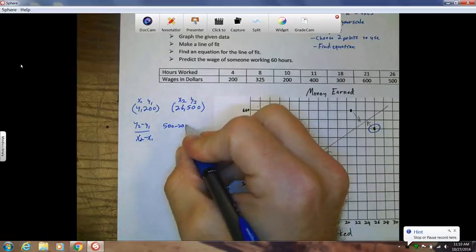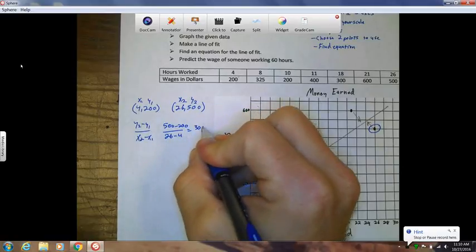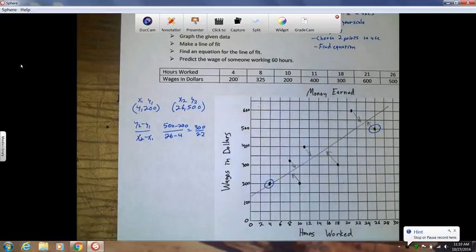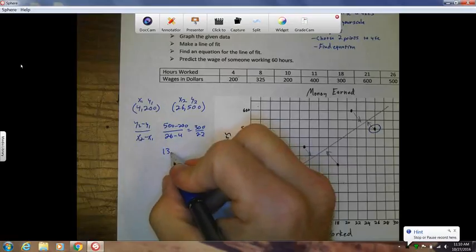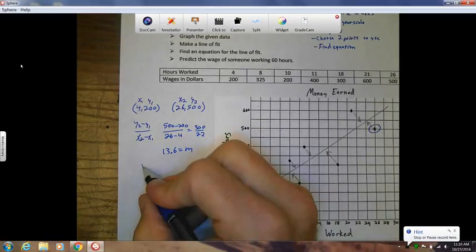So now I have y equals mx plus b. I'm going to use this point. This would be a good thing to annotate, where these numbers are coming from. Here's x, here's y, here's b.